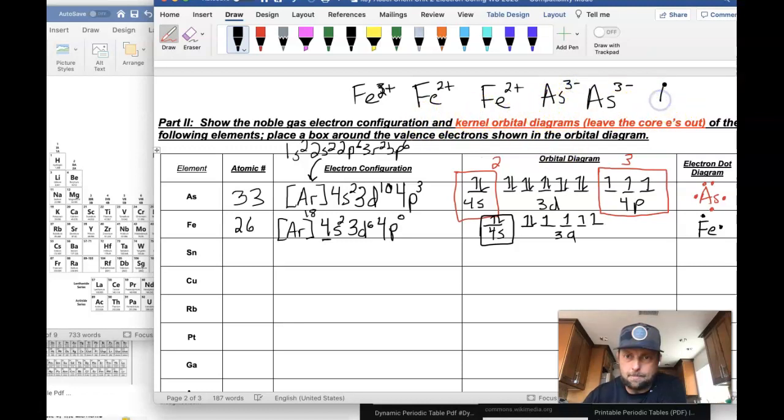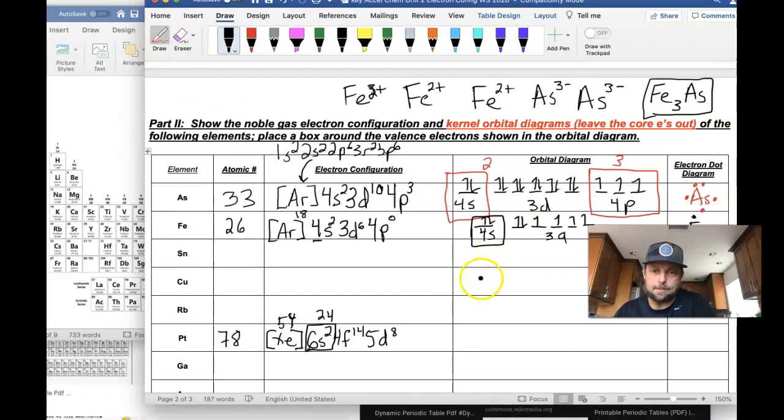So our formula, and again, this is getting ahead a little bit, would be 3 irons and 2 arsenics. So this would be a compound called iron 2 arsenide. One reason we want to get these valence electrons right is so we can predict what charge metals and nonmetals will take when they become ionic compounds.